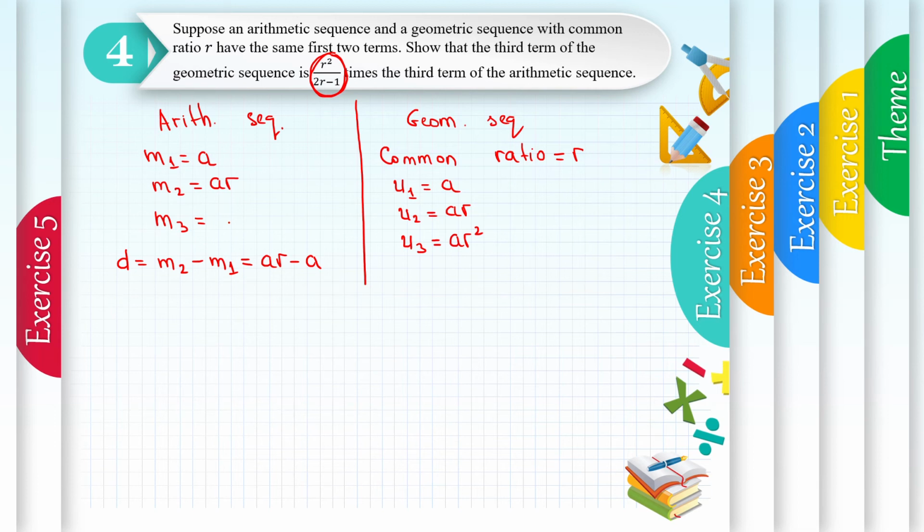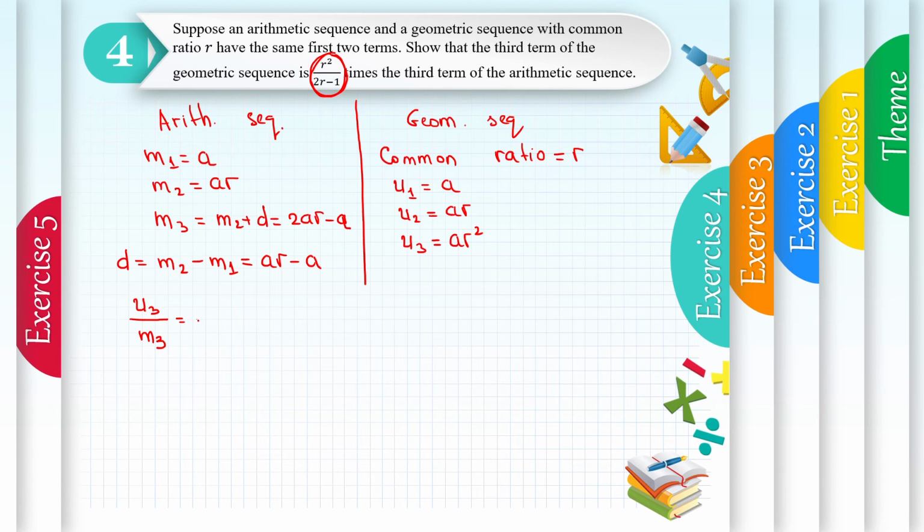And the third term will be the second plus the common difference, which gives us 2ar minus a. Now we have to prove that if we divide the third term of the geometric sequence by the third term of our arithmetic sequence, we will get the value r squared over 2r minus 1.